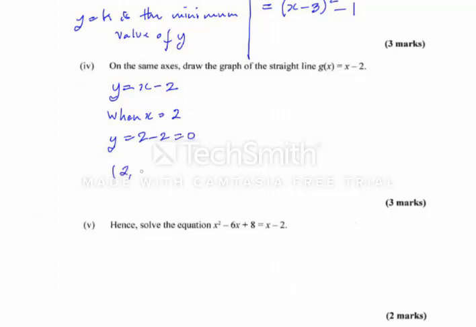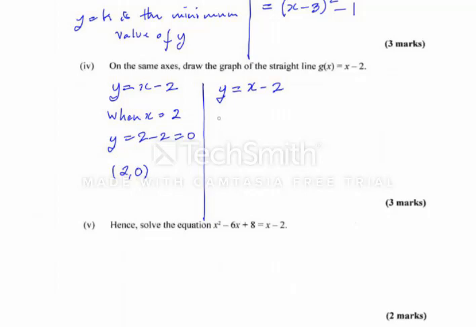So 2, 0 is the coordinate of one point on the line. Remember, to draw a straight line graph, I need at least 2 points. 3 points would be ideal, but 2 is good enough.